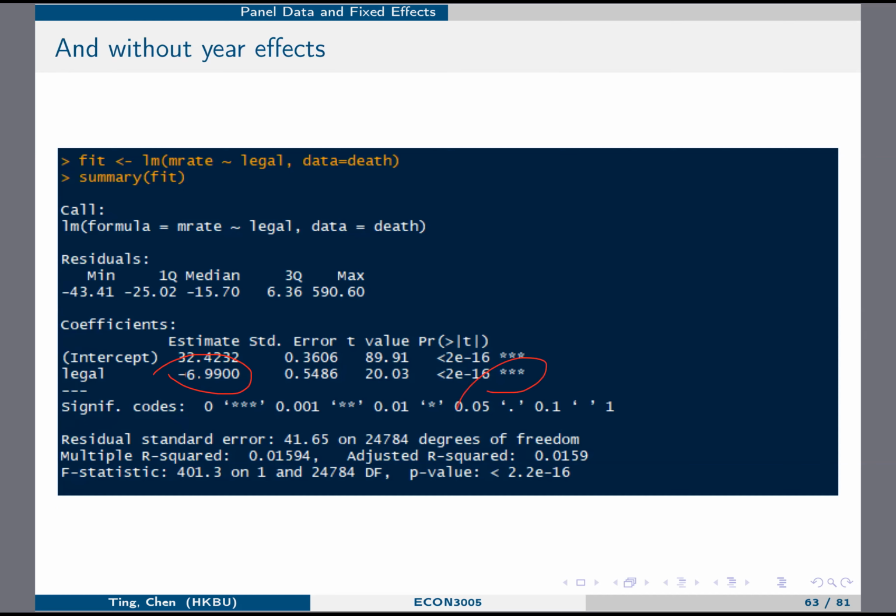Meaning that, based on this result, we would conclude that lowering the legal drinking age, to include a larger proportion of those youngsters under age 21 to be able to drink, actually reduced the mortality rate. So think about that: for this particular t-test, what kind of type 1 or type 2 error are we actually making?